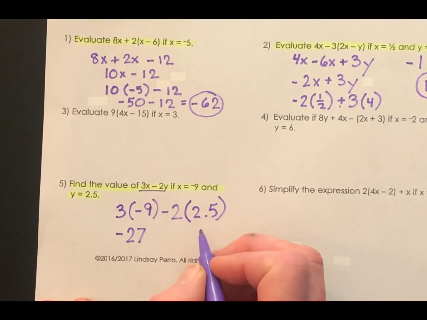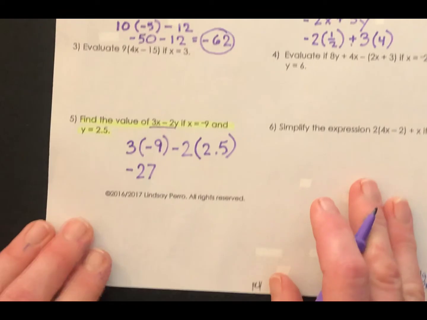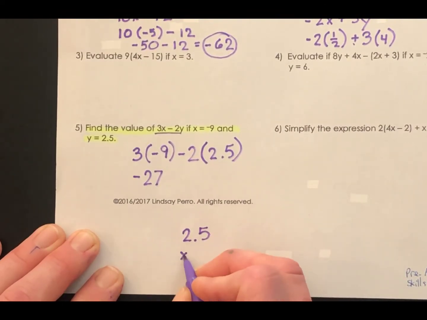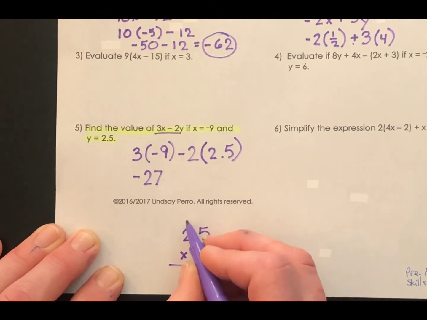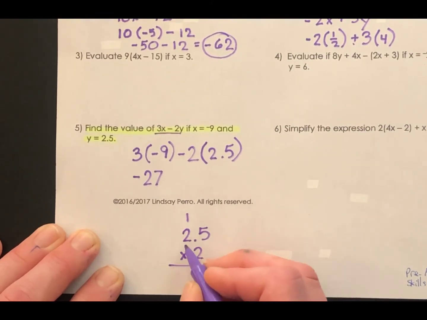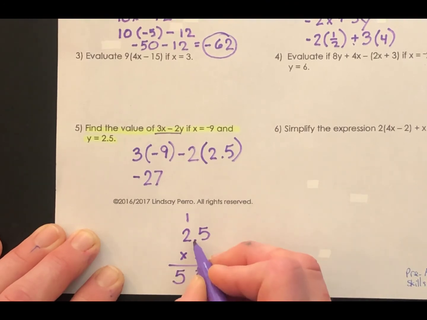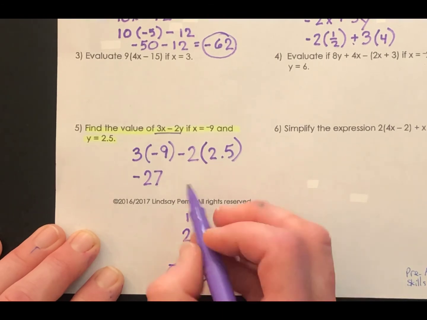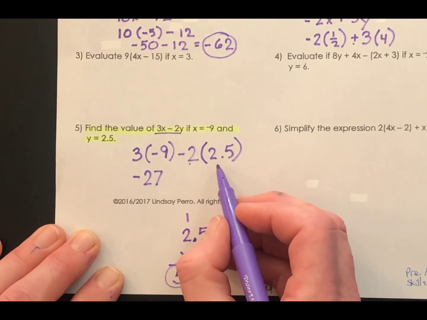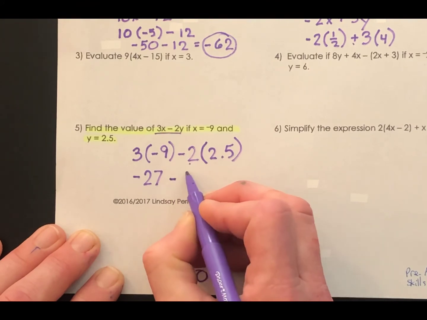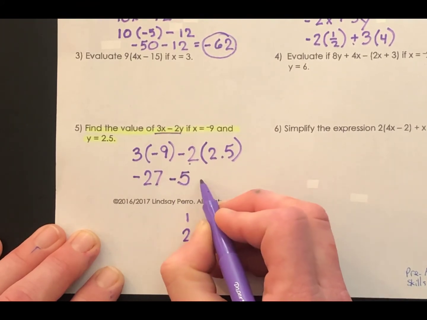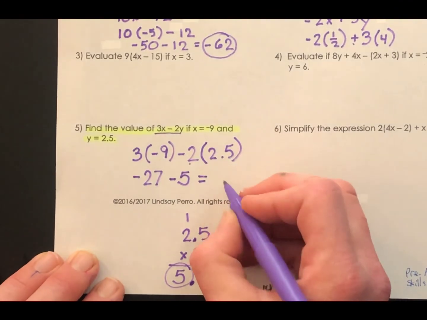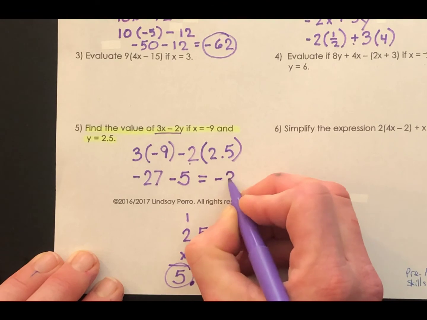Well, I can come down here and multiply it out. 2.5 times 2. Don't forget my decimal. So it's 5. So negative 2 times 2.5 is negative 5. Another big negative number. My final answer is negative 32.